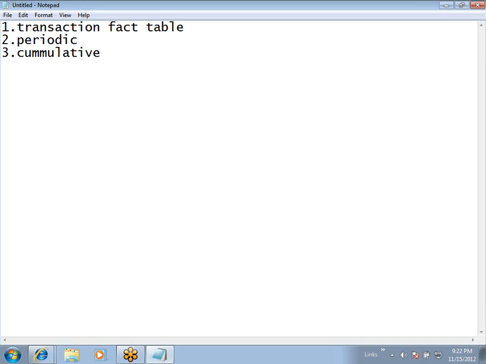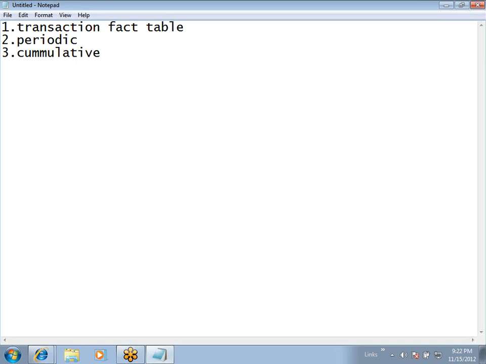That is called the fact table. Means the fact table will always maintain transactional data only, but the dimension table will maintain the one-time business data.